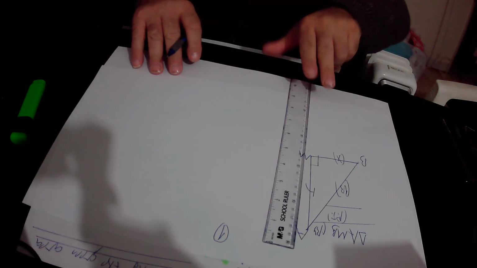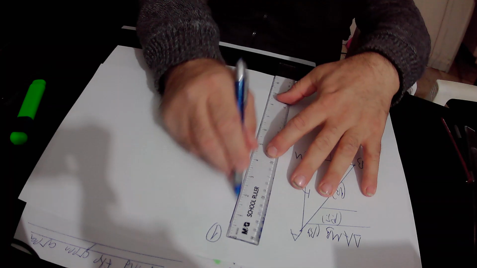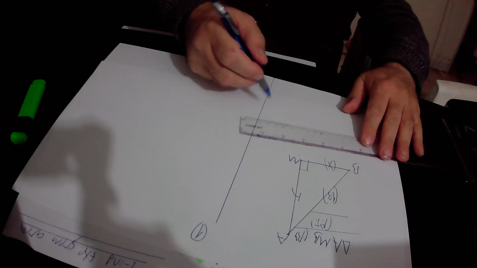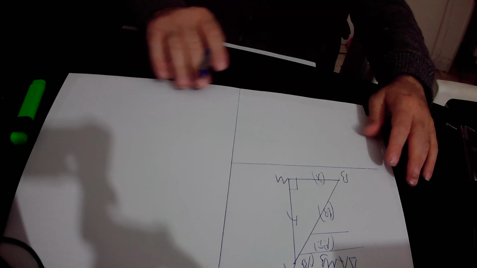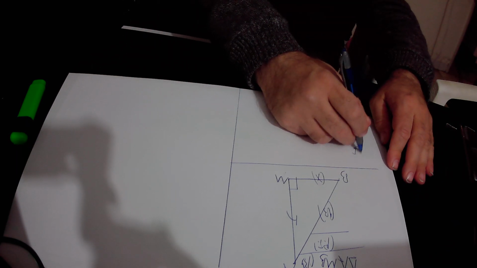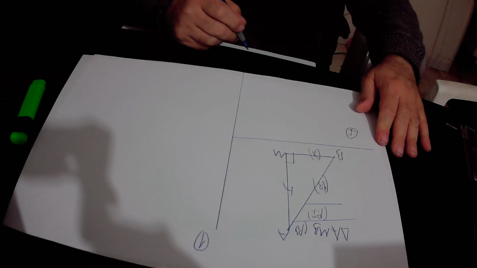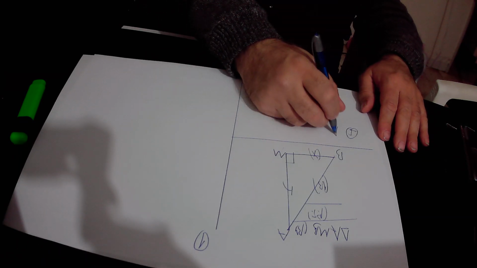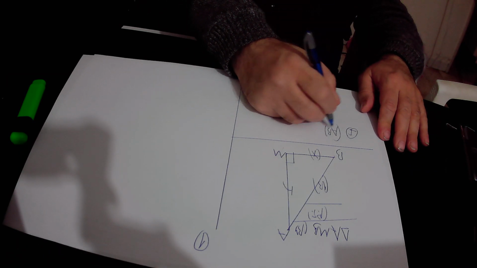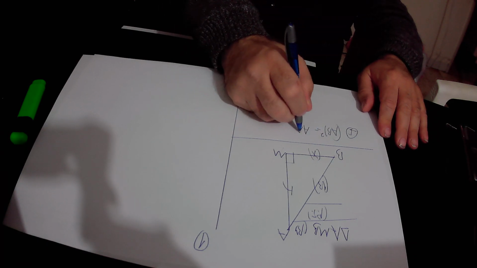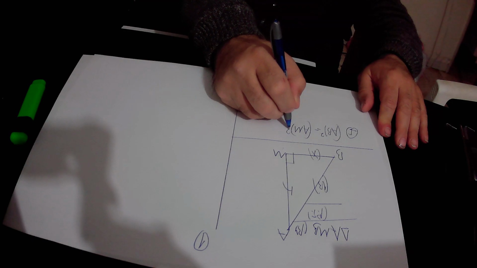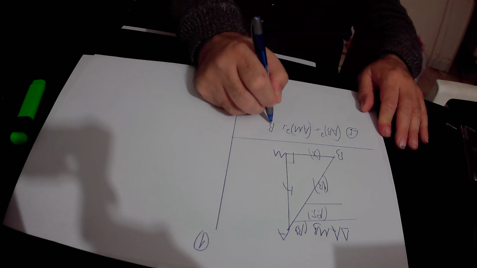So, in the right triangle ABM, according to the Pythagoras theorem, we get that AB squared equals AM squared plus BM squared.